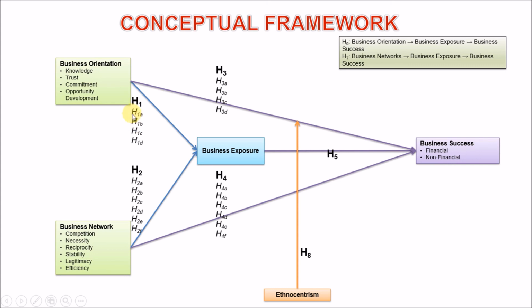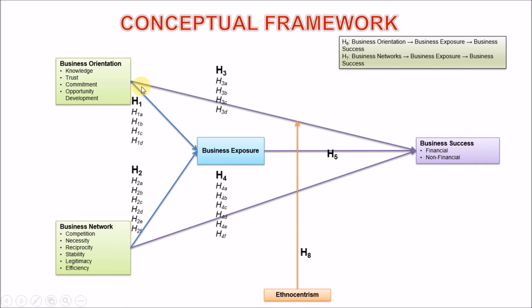So they can put like this. Since this is H1 relationship, so H1A, B, C, and D. Same goes here. This is H2 relationship between business network and business exposure. So we have H2 is this one. So underneath of H2A, B, C, D, E, F. So we have 6 dimensions. So you can state like this.